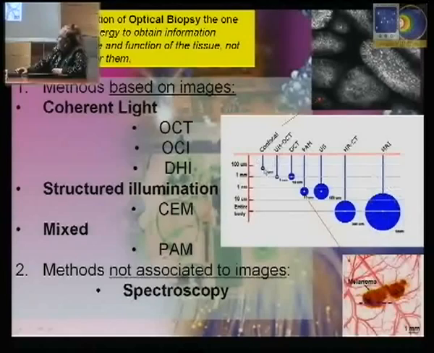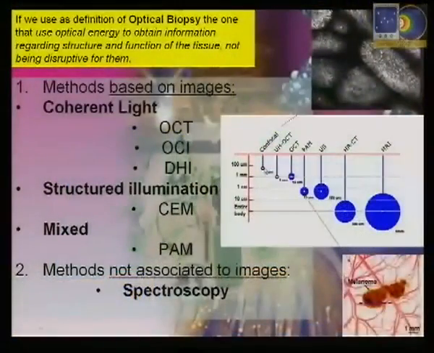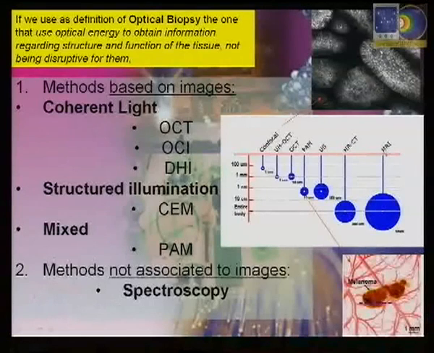And the resolution, that means the distance between two points that it is able to discriminate, goes from 0.5 at the present moment in confocal microscopy to big details as happens in classical MRI, because there are also specific types of MRIs that have microscopic resolution.